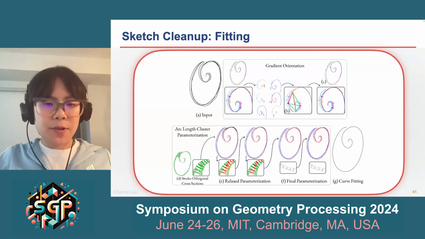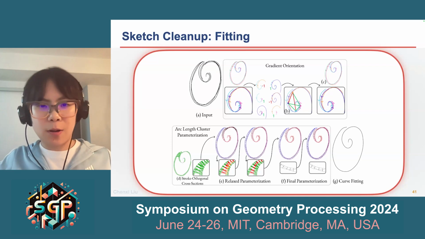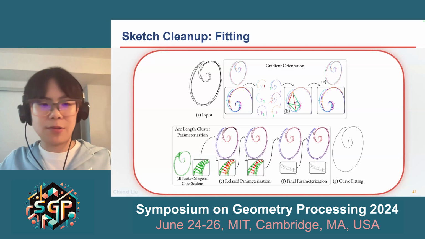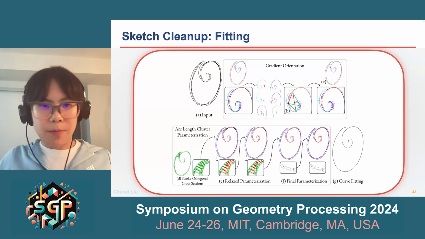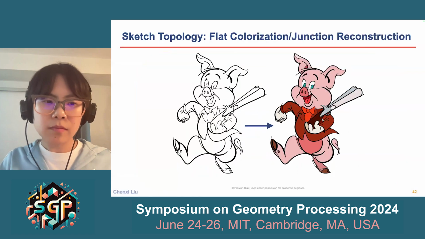In my experience of using this method, it's relatively robust. You can build other things on this method. Also, the code is open source online. You can put it into your toolbox. The failure cases mostly come from stroke orientation, which is the first part. Maybe you can improve that part. And the second parameterization part is quite robust.